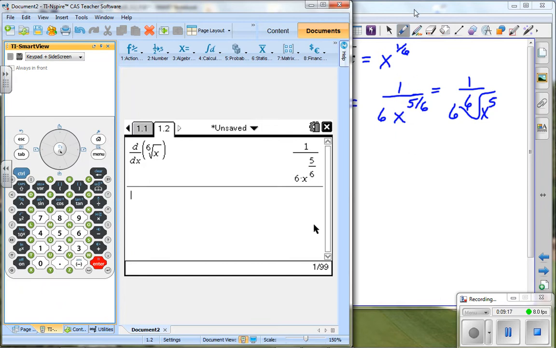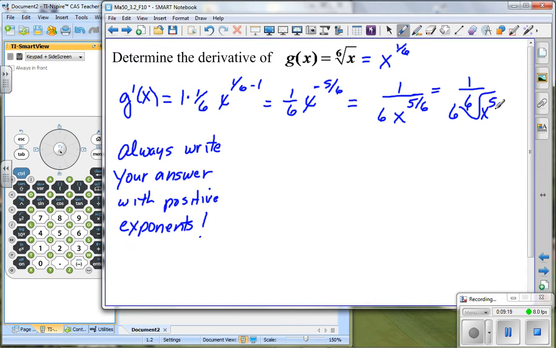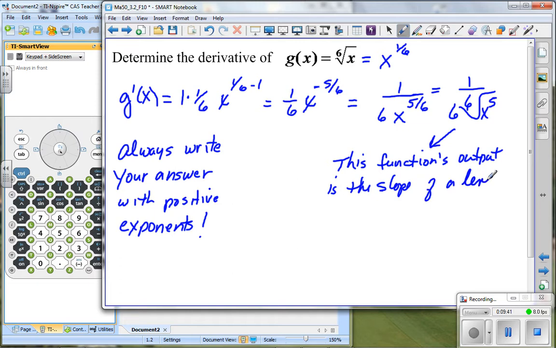So you can check every single one of your answers. Now, do not lose sight of this. This function's output is the slope of a line tangent to the curve at a point.